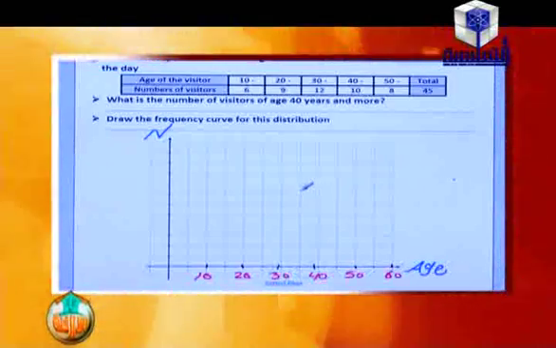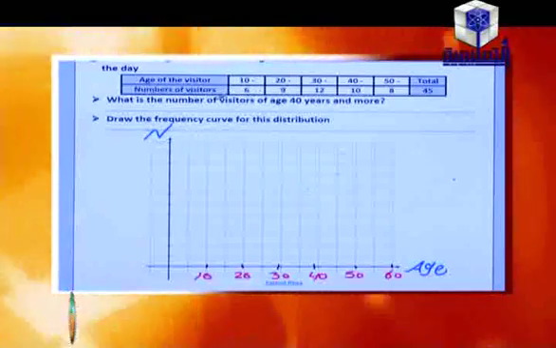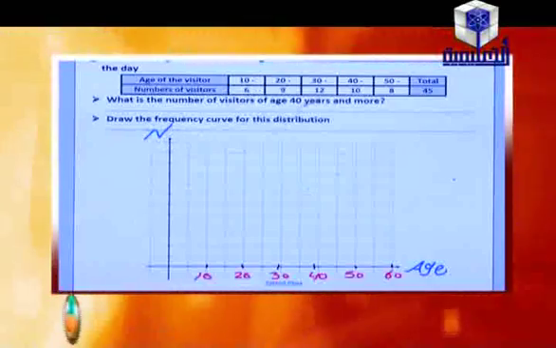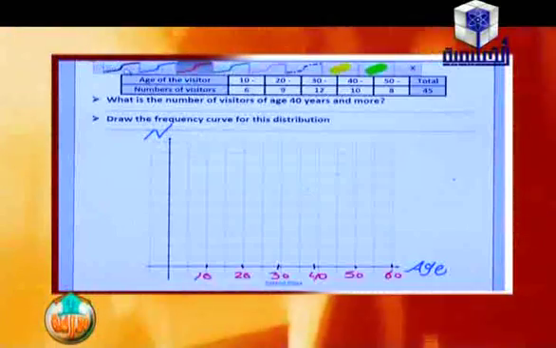Okay, and we have here the scale of the number of visitors line. Here the biggest number is 12, so we can move one by one.